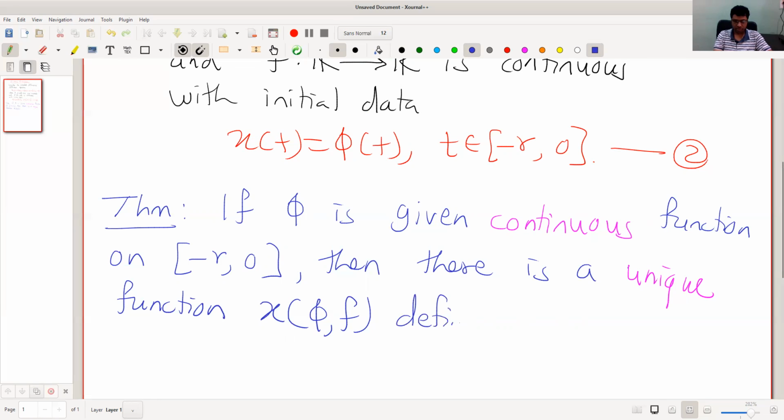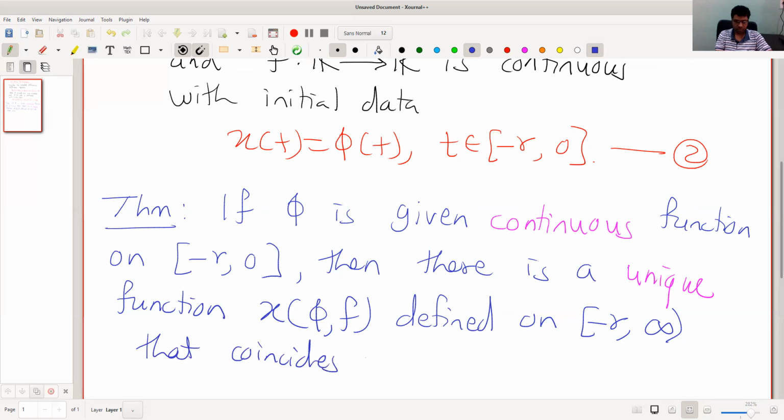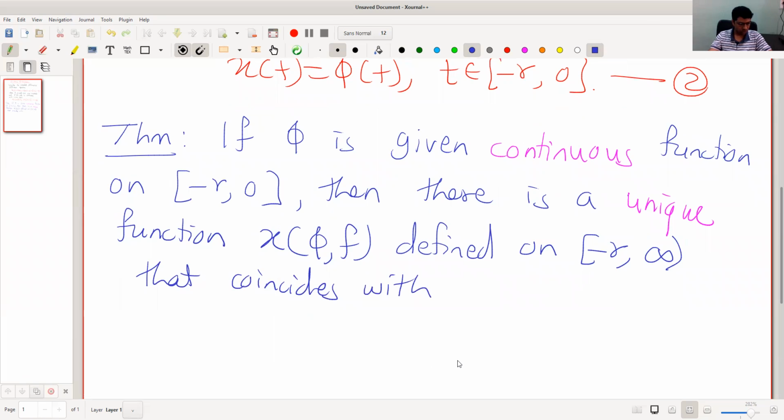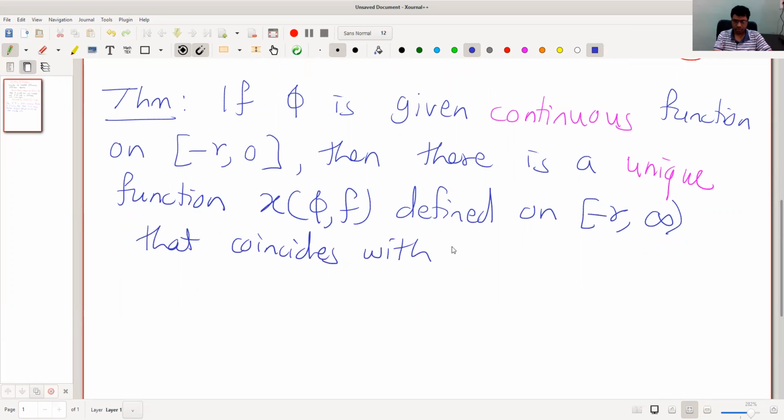defined on minus r to infinity that coincides with phi on the interval minus r, 0 and satisfies equation 1.